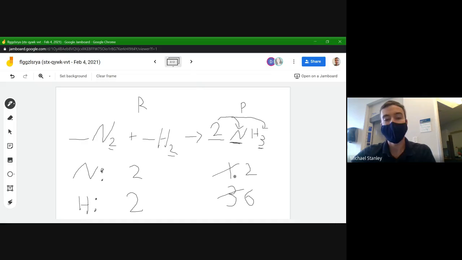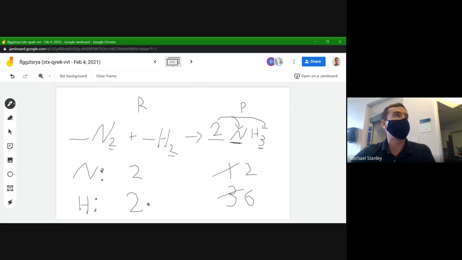Ooh, that's a weird 6. But anyways, when we put this 2 here to make 2 NH3 molecules, we now have 2 N's, and 2 times 3 is 6 H's. So our N's are balanced. That's a step in the right direction.